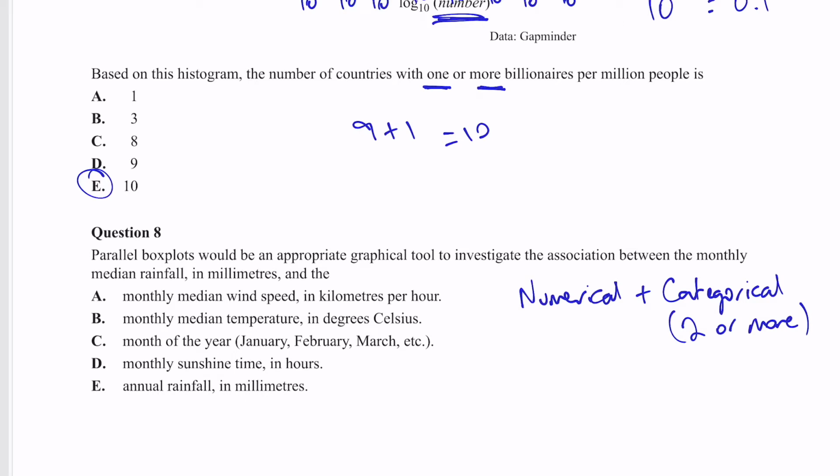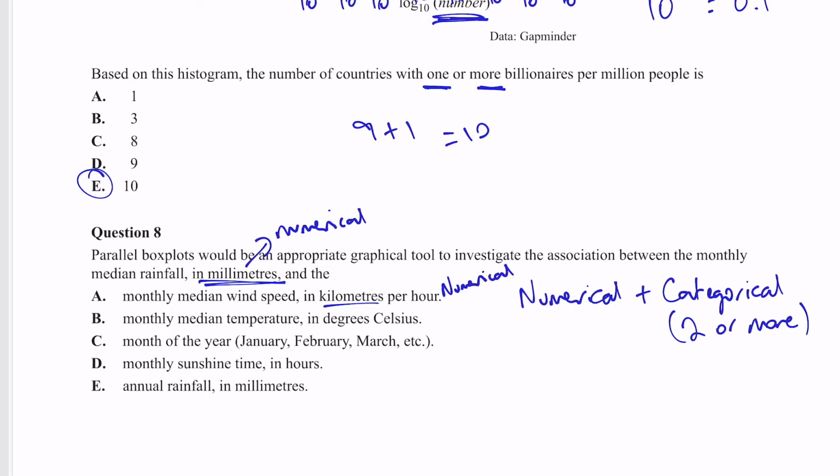So what we have here is the association between the monthly median rainfall in millimeters. So this is numerical because it's the median rainfall in millimeters, and this is a continuous variable, numerical continuous. So we want to look for something that's categorical. So option A here, monthly median wind speed in kilometers per hour. This is numerical.